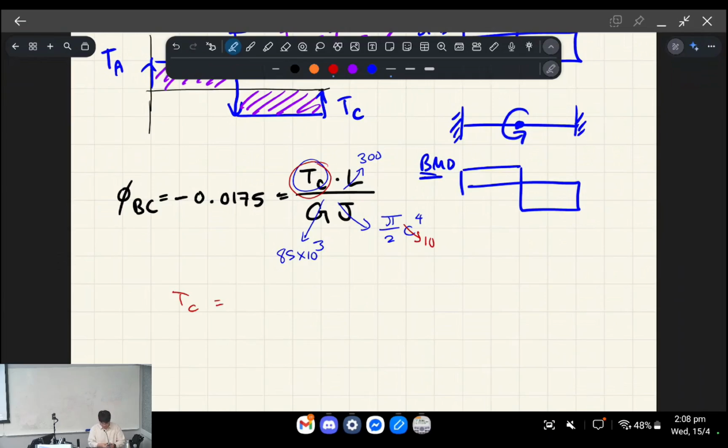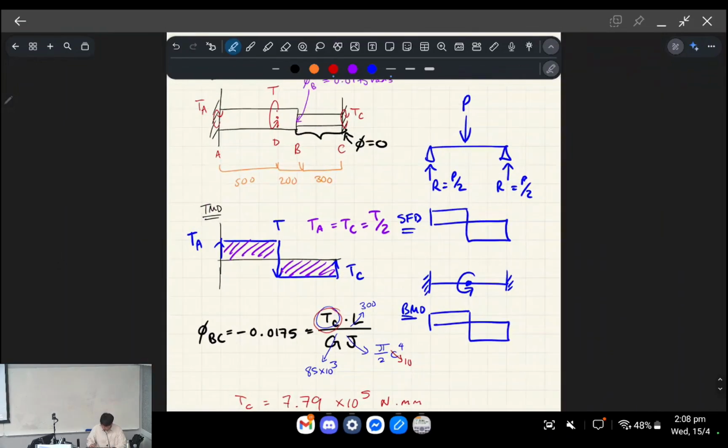TC is 85 times 10 to the 3 times pi on 2 times 10 to the 4 divided by 300. TC is 7.79, let's say, times 10 to the 5 Newton millimeters, okay?